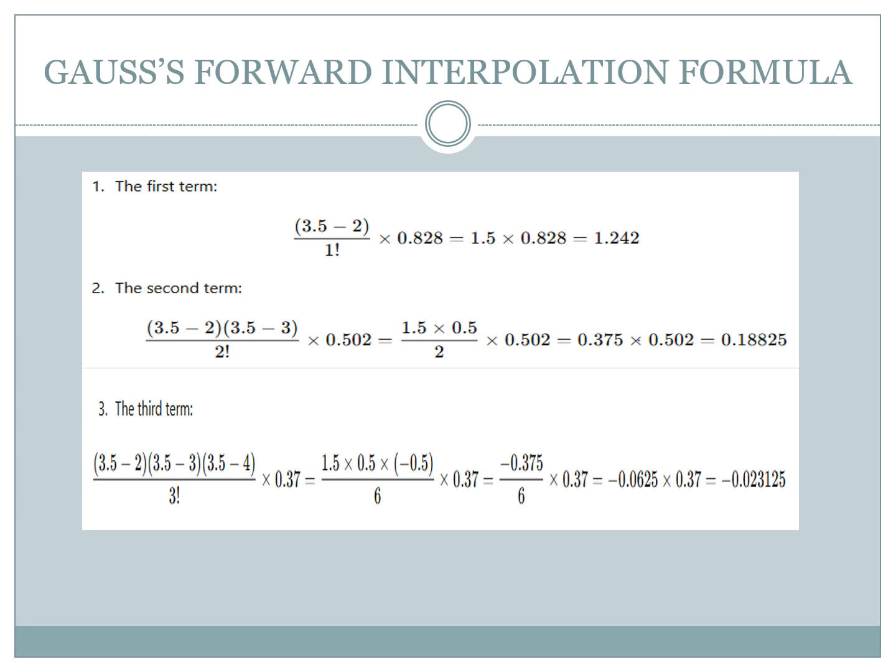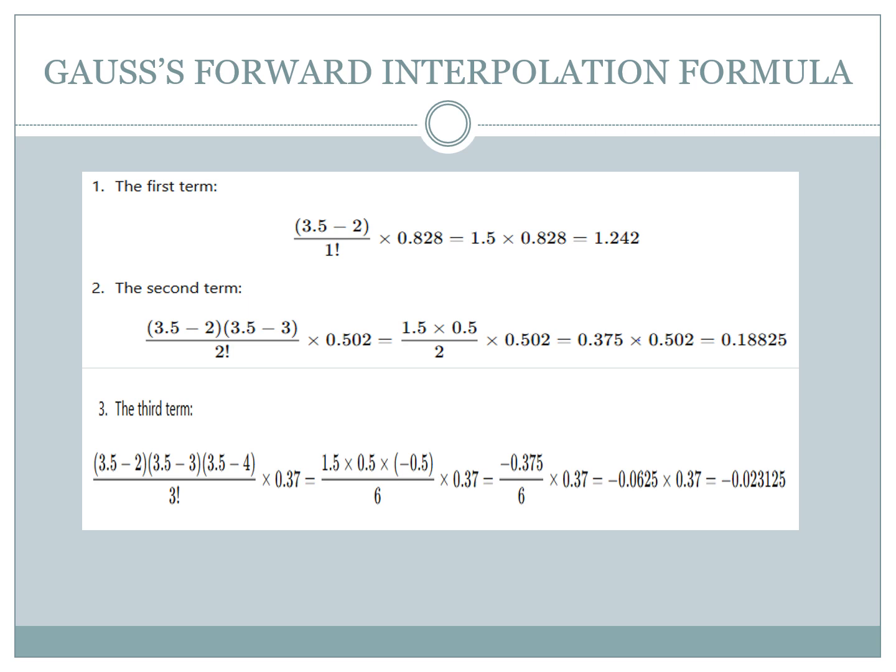Just simplifying this one, we get minus 0.0625 into 0.37. Just multiplying these two things, we get minus 0.023125. So now we have calculated the first term, second term, and third term.